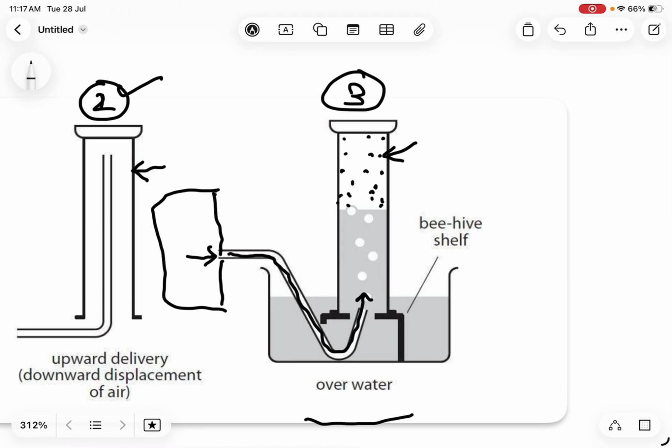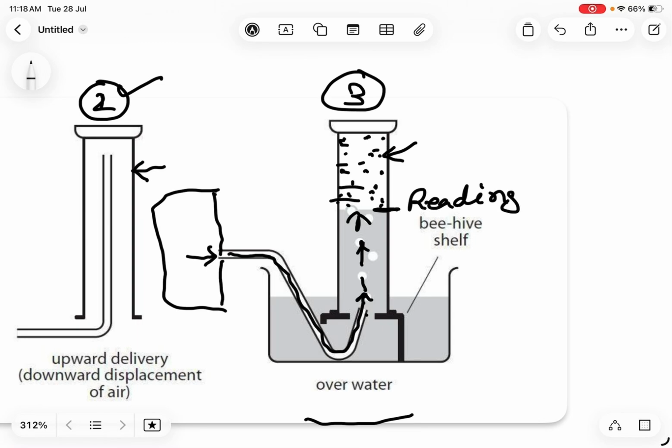When our gas is finally released, because gas is less dense than water, it is going to rise up in the form of bubbles and be collected over here. Whatever volume of that gas is collected, you can easily note that volume in the measuring cylinder by looking at the reading. This is the best method of delivering any gas.